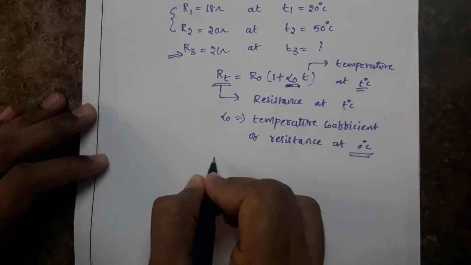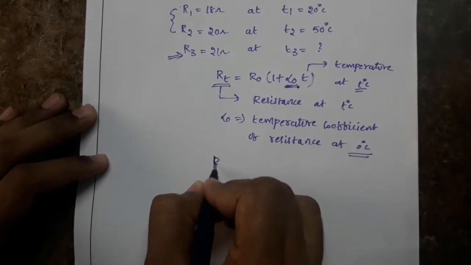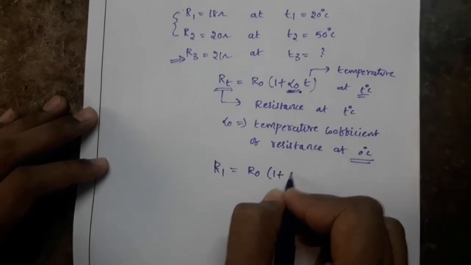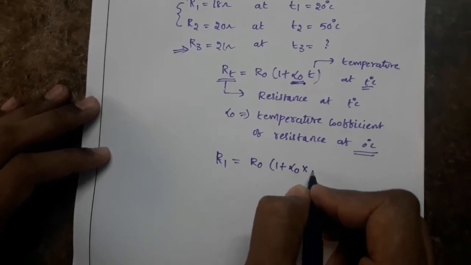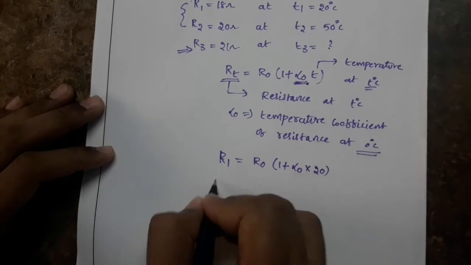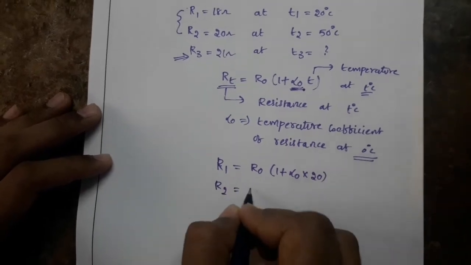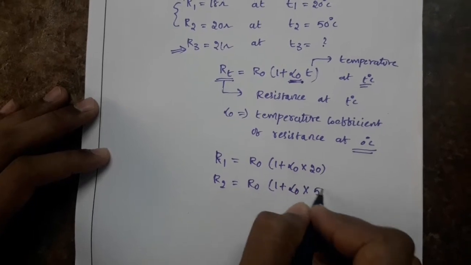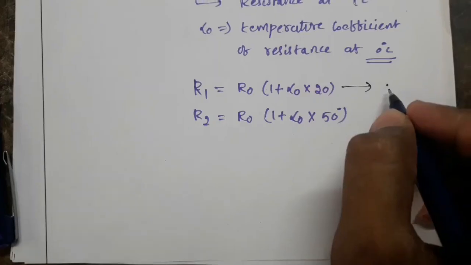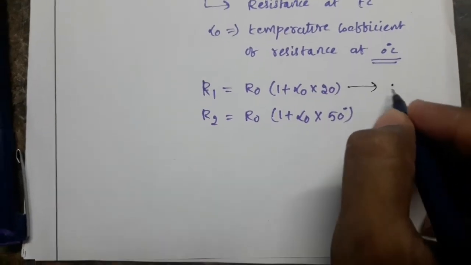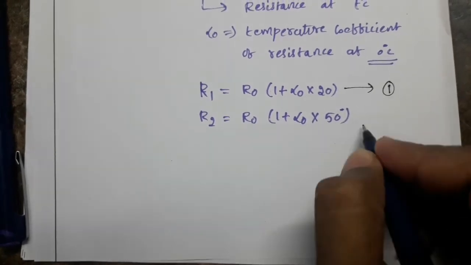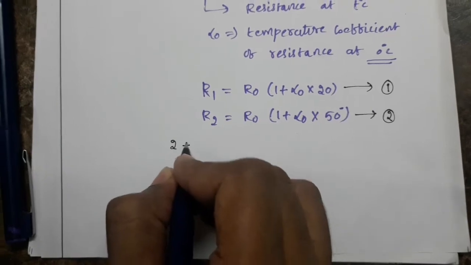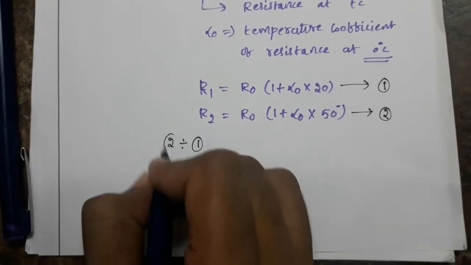So we know R1 equal to R naught into (1 plus alpha naught into 20), and R2 equal to R naught into (1 plus alpha naught into 50). Friends, I am taking this as equation 1 and this as equation 2. I am dividing equation 2 by equation 1.